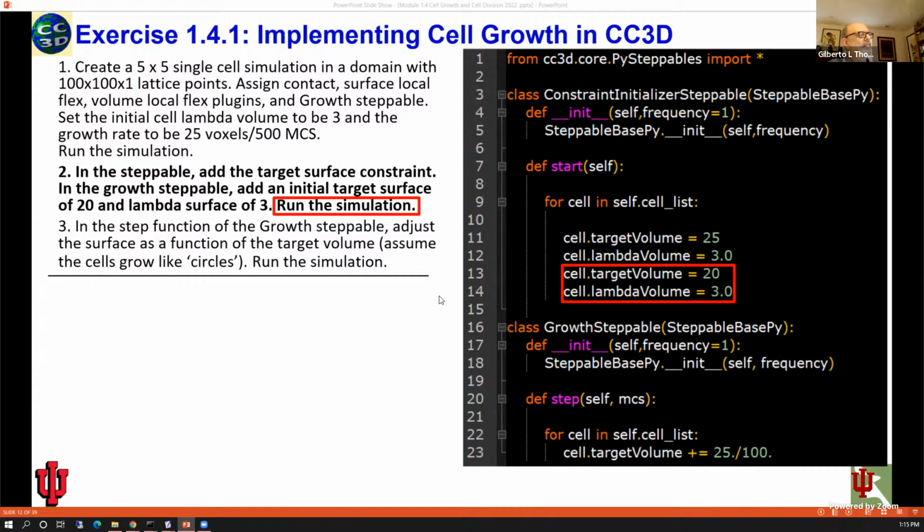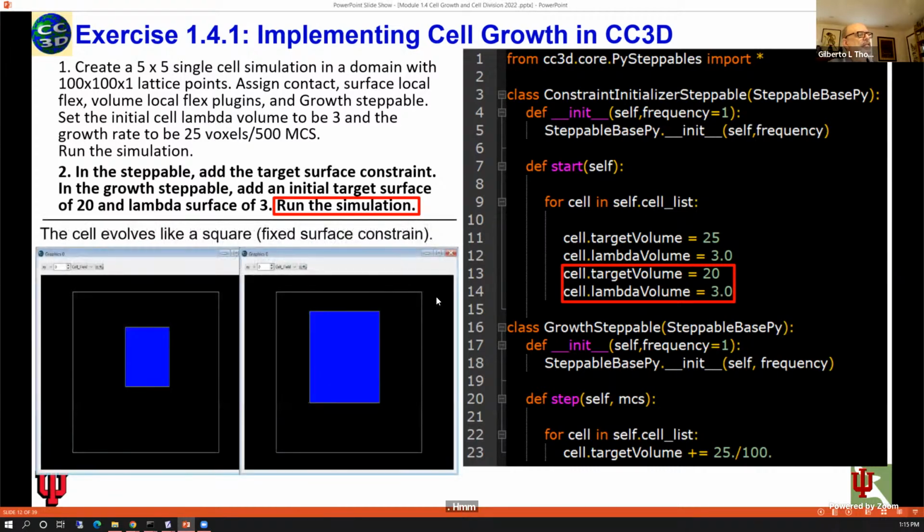And that is what you see. Since we have this constraint here in the, oh, see, I forgot, I wrote the wrong word here. It should be surface here, sorry.